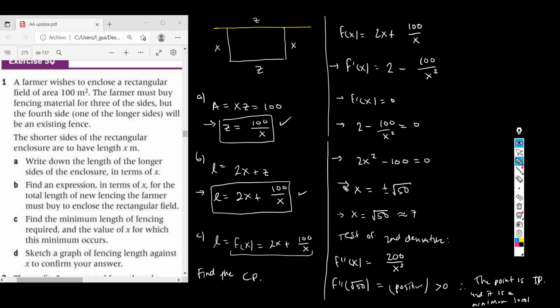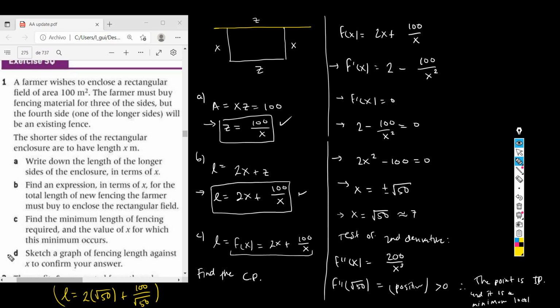And therefore, all you need to do next is basically input that value in here, right? So I'm going to do that in yellow here in order to avoid confusion. The minimum length will be L equals 2 times the square root of 50 plus 100 over the square root of 50. This is the minimum length required, and that happens when x is the square root of 50.